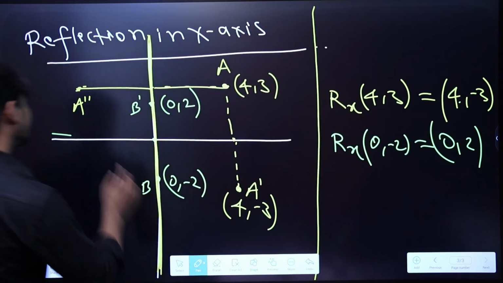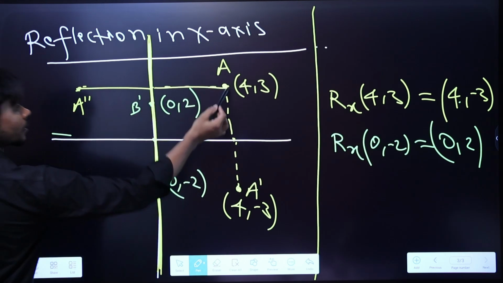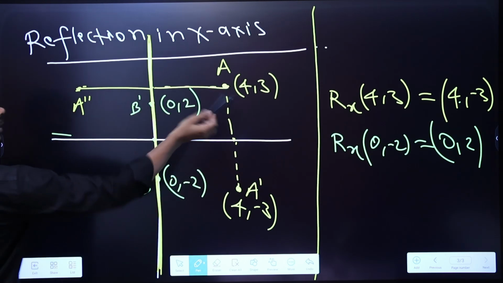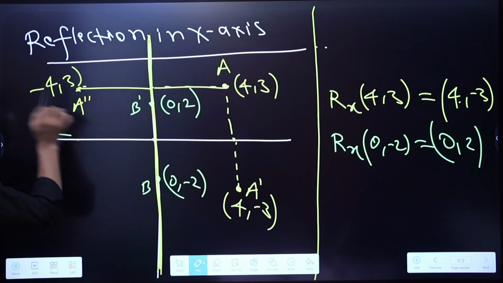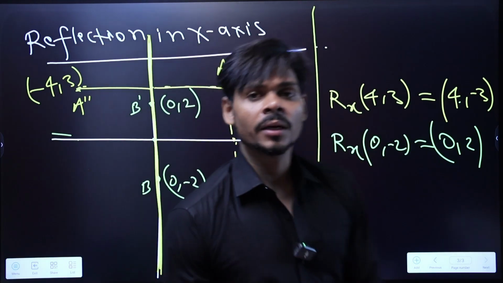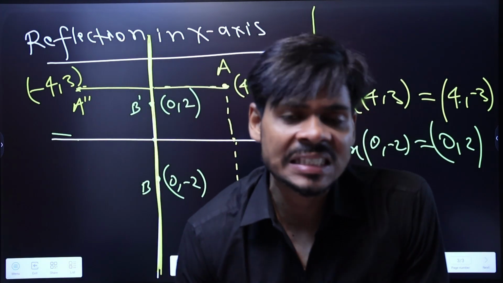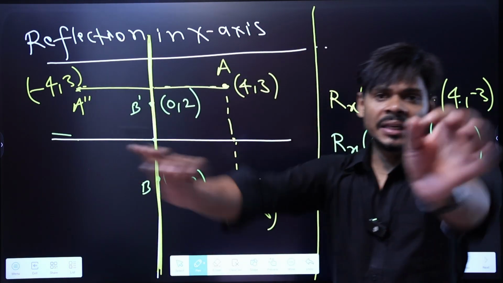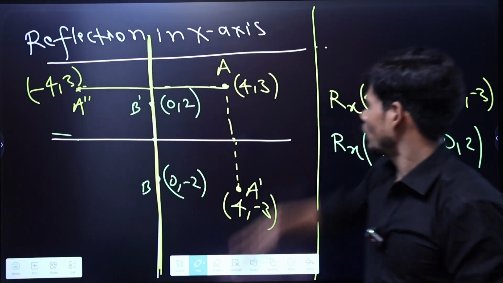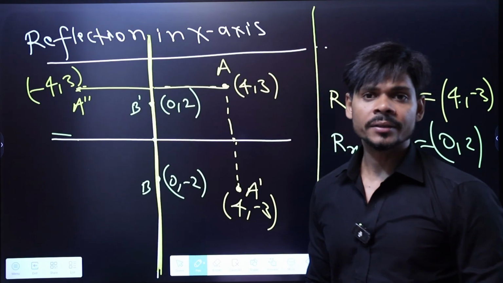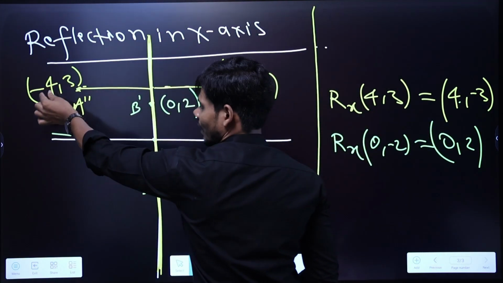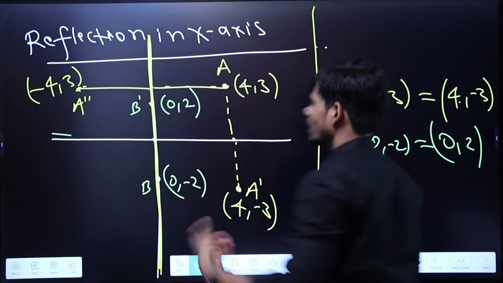Now what will this point be? The y value will remain the same, 3, and x will become minus 4, so it is (-4,3). Now what did you observe? This time when we found the reflection about y-axis, the sign of x got changed.